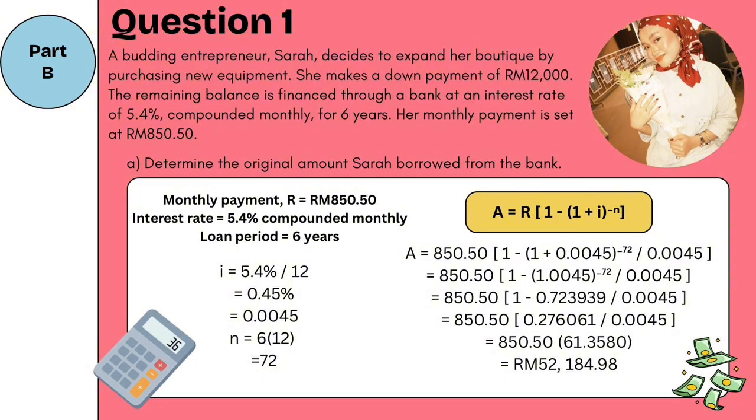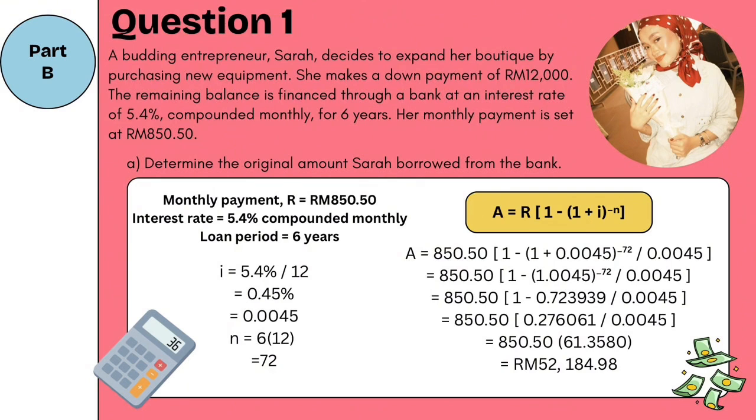To determine the original amount borrowed, we use the present value of annuity formula, which is A equals R multiplied by open bracket 1 minus open bracket 1 plus I close bracket power negative n divided by I close bracket. Next, we substitute all the values into the formula.